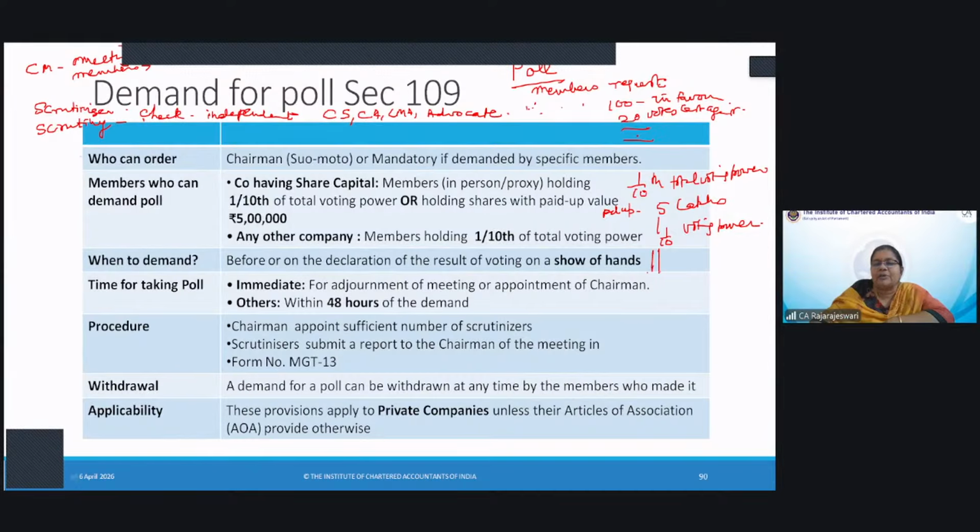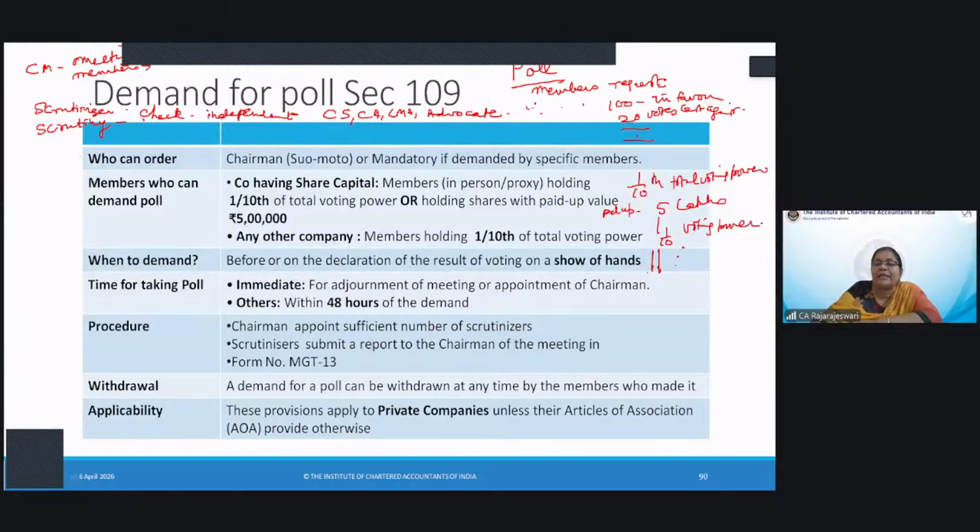See, this point is important. When to demand a poll, they can ask you in a short question also, either an MCQ or a descriptive answer. So it can be before the declaration of result or on the declaration of the result by voting on show of hands. Then a poll can be demanded.